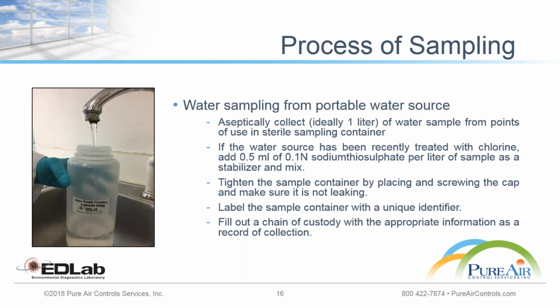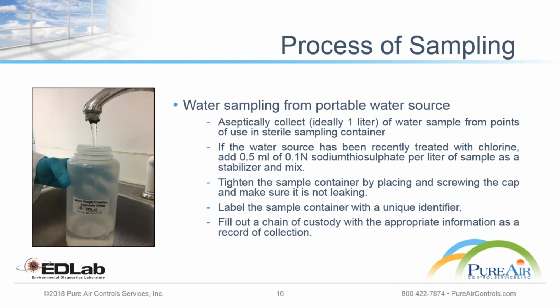Yes, a very common way of collecting a sample is that you collect a sample from a water source, such as a potable water source. You should be collecting ideally 1 liter in a clean sample collecting bottle made out of probably polypropylene or glass material.